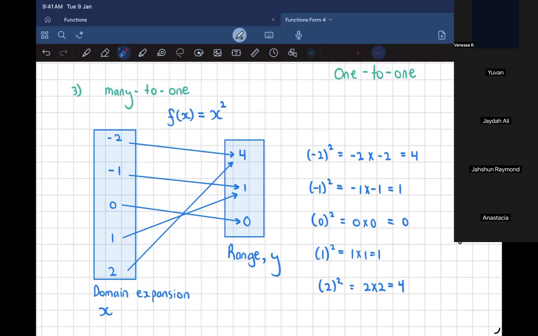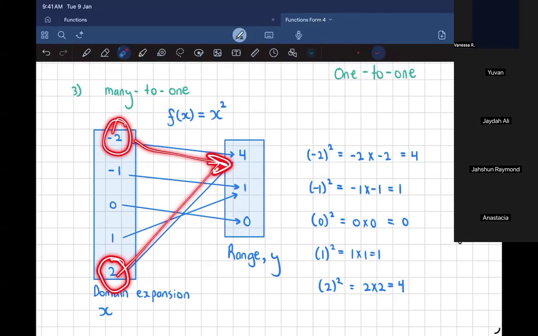Yeah, that's a good reason. Because Jashon, I'm just seeing minus 2 and 2 giving me the same answer. Yes, sir. Yeah, and many of them, so you can see many. In this case, many is 2, right? So these two things give me the same thing. So many go into 1.